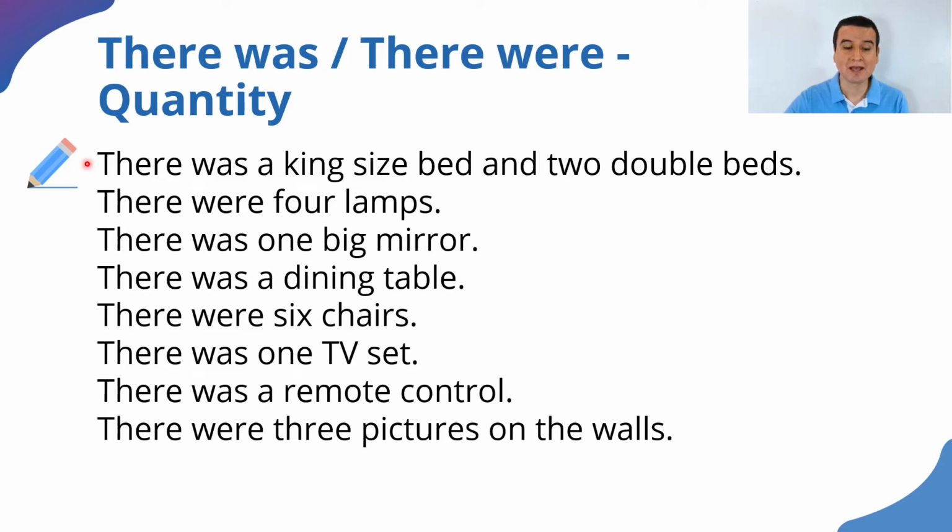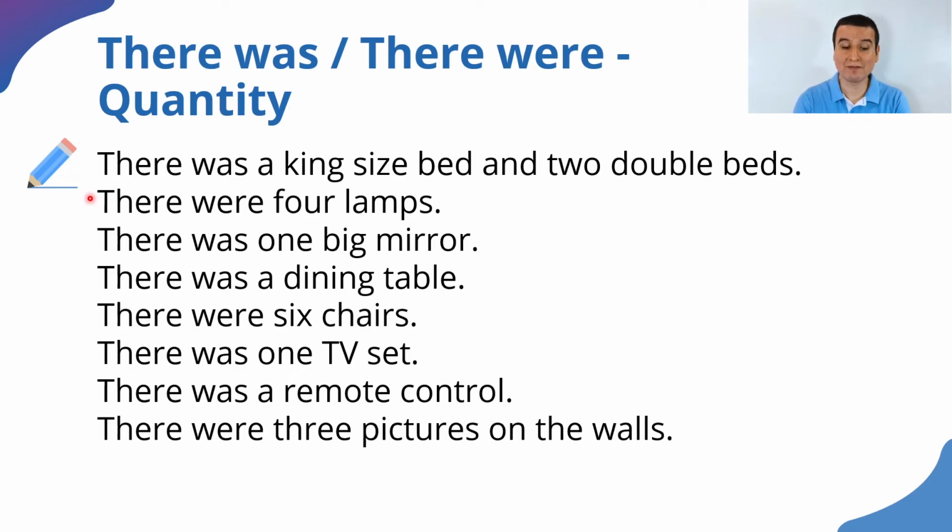All right? Some people would say there were a king-size bed and 2 double beds, but many people choose to make the verb agree with the closest noun. That's why this native speaker chose to say there was a king-size bed. All right? King-size bed is the largest bed that we can have. There were 4 lamps.